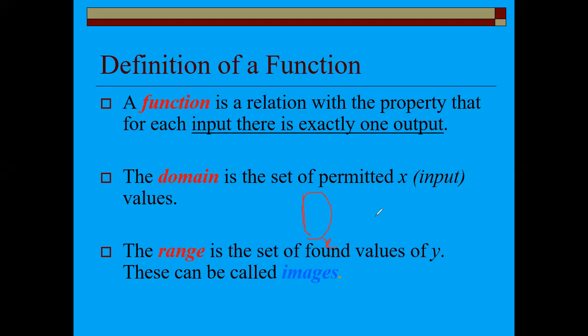You have your domain X. Okay, no problem. Let me use this screen. So you have your elements of the domain X, and then the elements of the codomain Y. Okay, good.